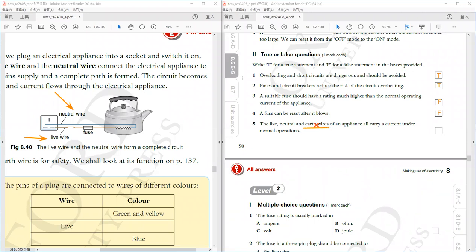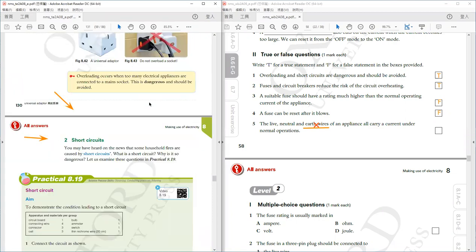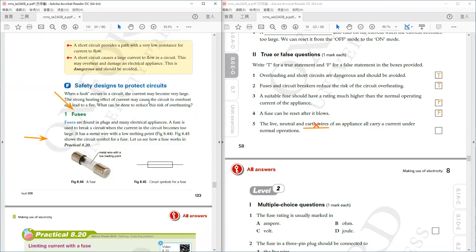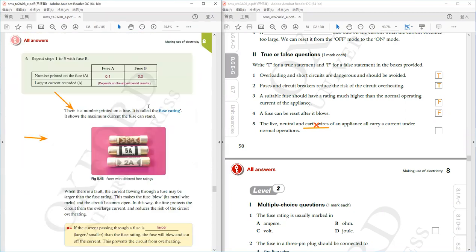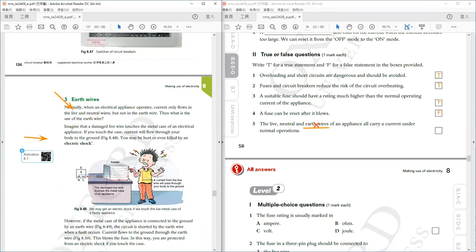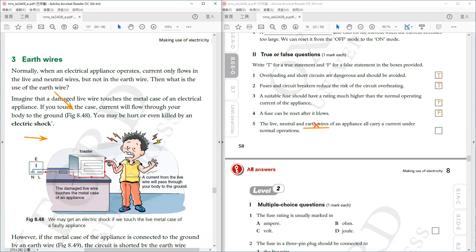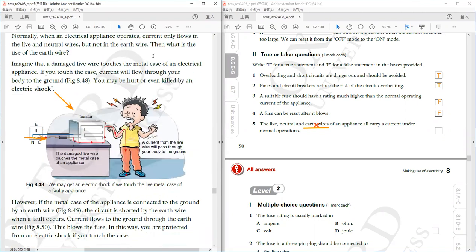They do not carry current under normal operation. So how is the earth wire useful? It is useful in the case when there is some damaged live wire touching the metal case.